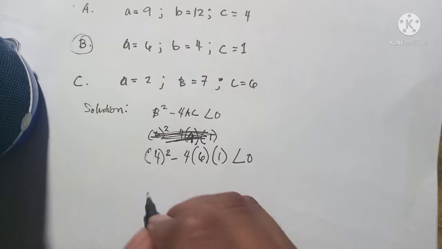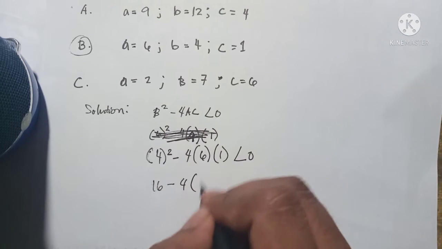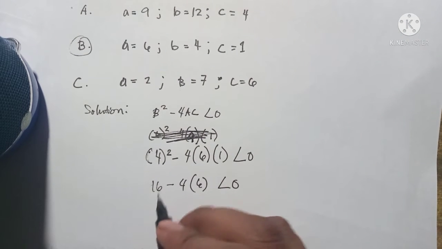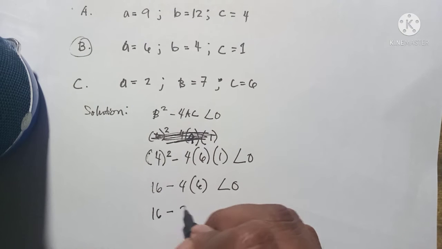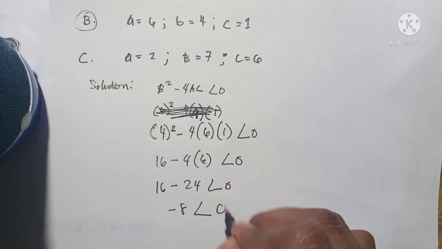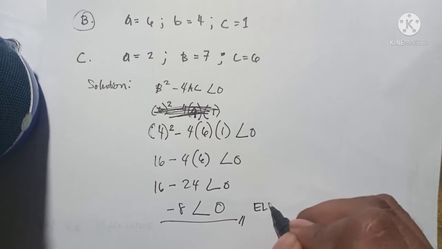So 4 squared is 16 minus 4 times 6 times 1, less than 0. So 16 minus 24 is negative 8, which is less than 0. This is elliptic.